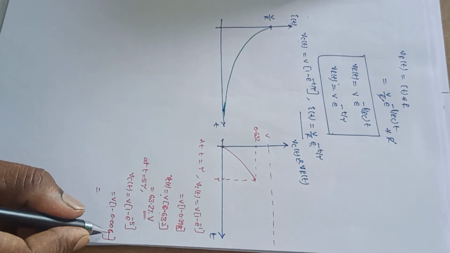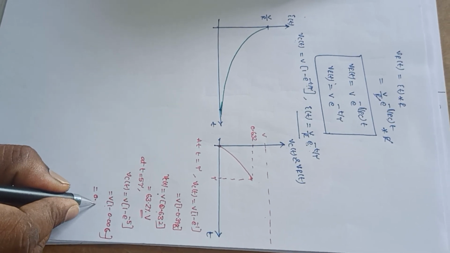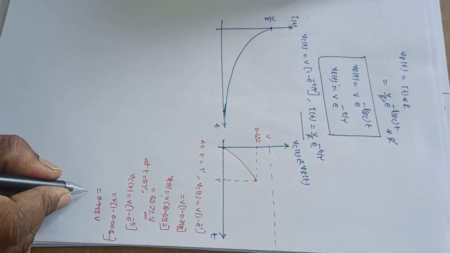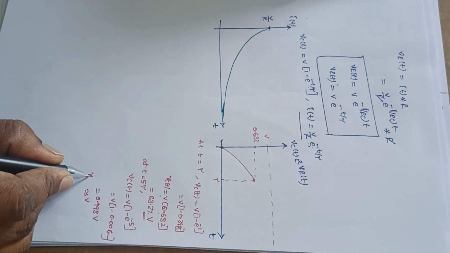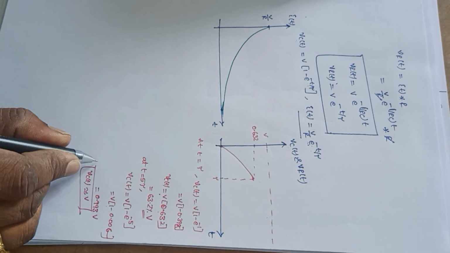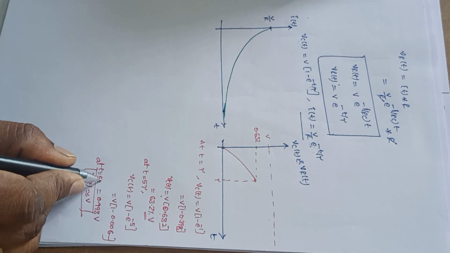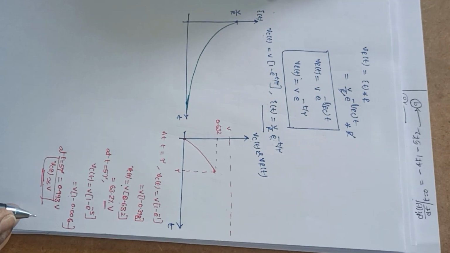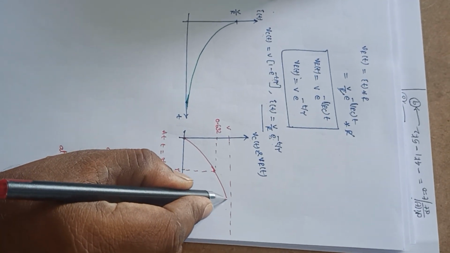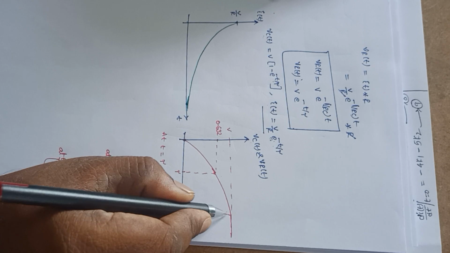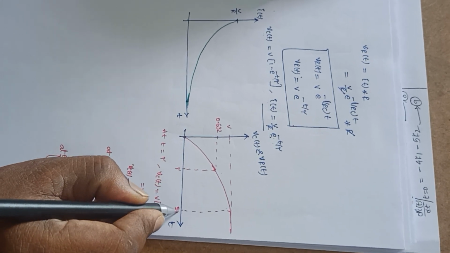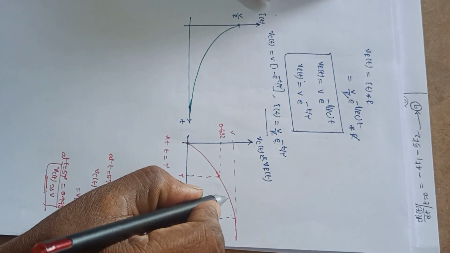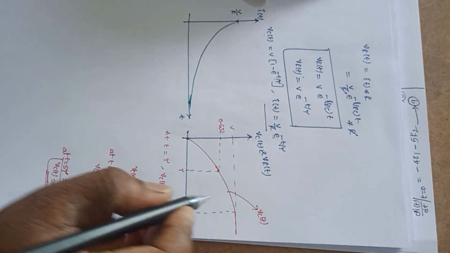So 1 minus 0.006 is 0.993 into V, so it is approximately V. That means after 5 tau time constants, it almost reaches its final value. Let us assume this curve will be like this. So it is 5 tau, it almost reaches its final value. So this is the curve which represents this Vc of t.